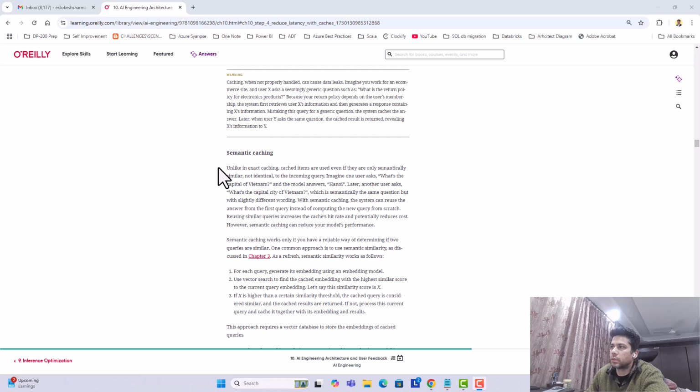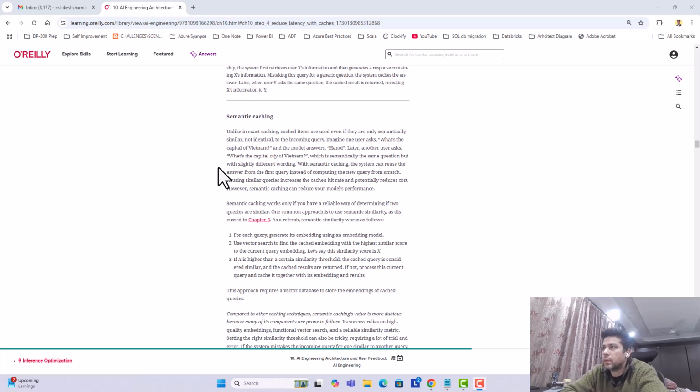Let's talk about semantic caching. Unlike in exact caching, cached items are used even if they are only semantically similar, not identical, to the incoming query. Imagine one user asks what's the capital of Vietnam and the model answers Hanoi.